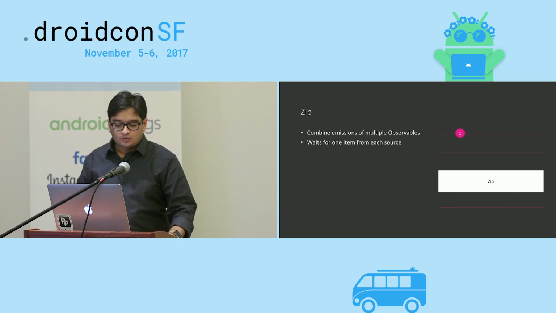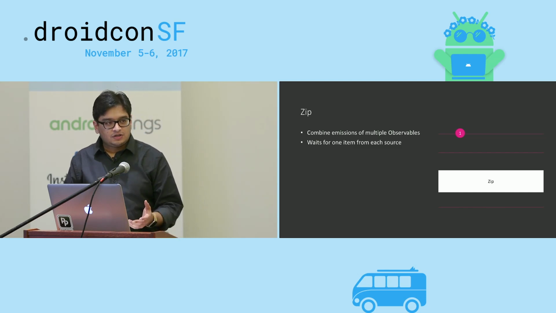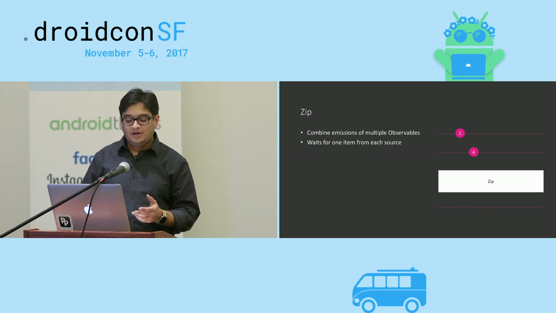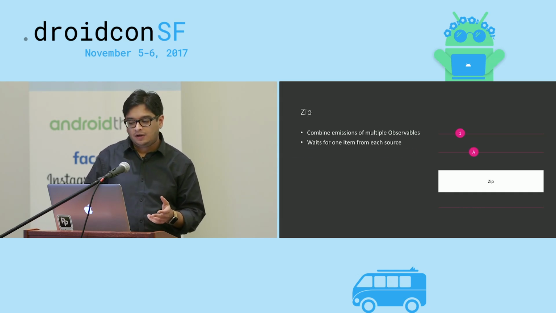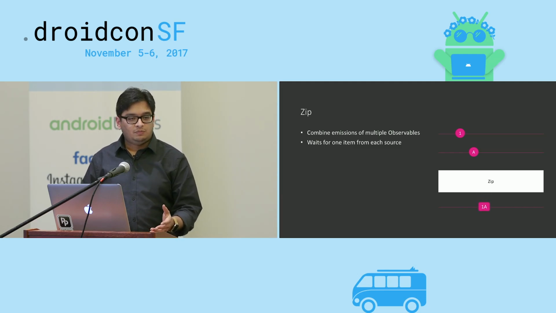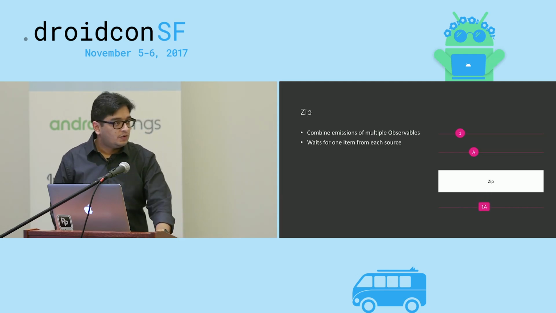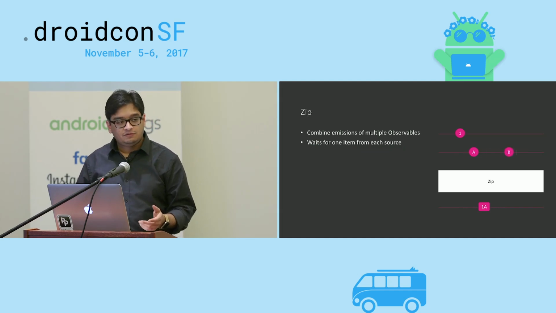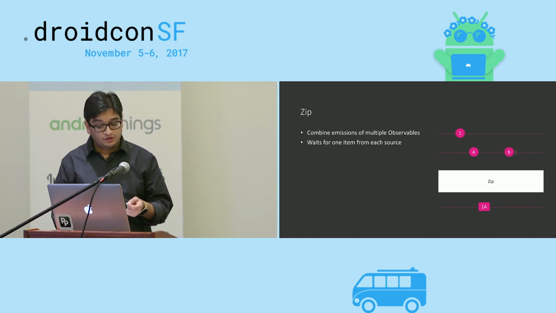Say your source 1 emitted an item 1. Now the zip operator is going to wait for source 2 to emit an item. Now whenever source 2 emits an item A, your zip operator lets you apply a function or a transformation on it, and the output of that would be 1A. Now say source 2 emitted an item B, which was much faster than the first source.